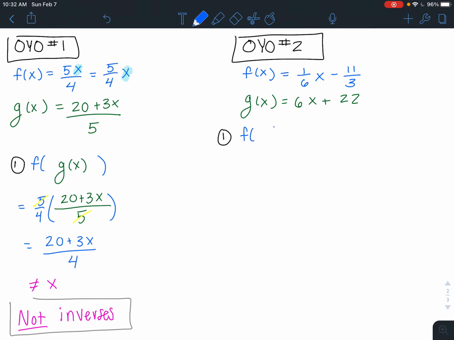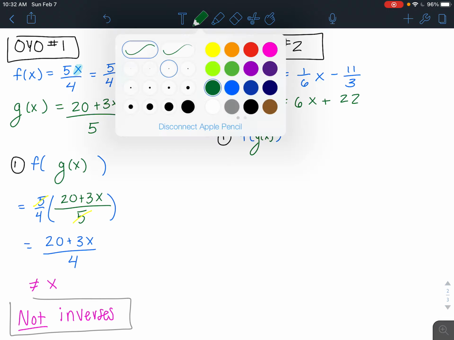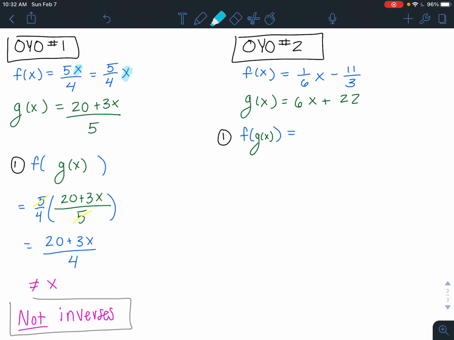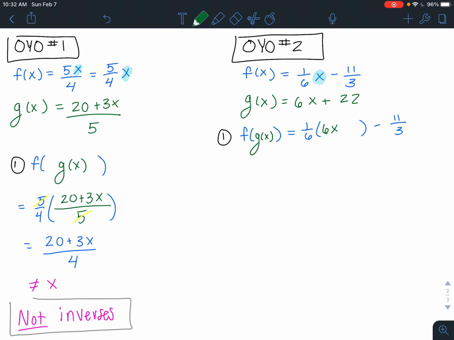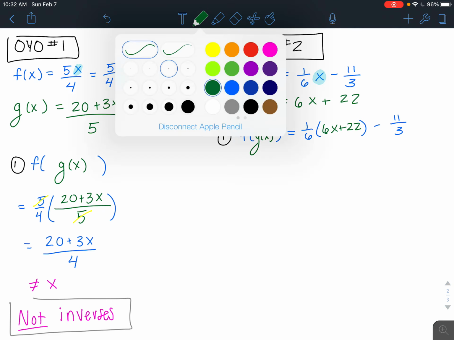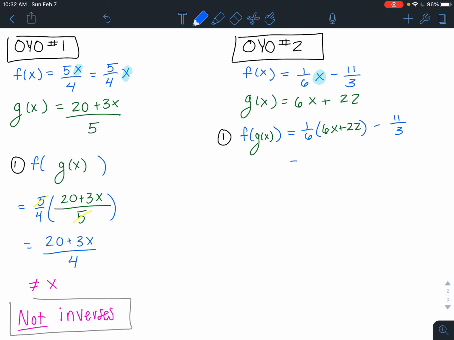So then let's go ahead and check in OYO number 2 if they're inverses. So we have f of g of x. So I have an x here next to my 1/6. I'm going to do 1/6 times whatever I plug in, minus 11/3. And I'm plugging in the g function, which is 6x plus 22.